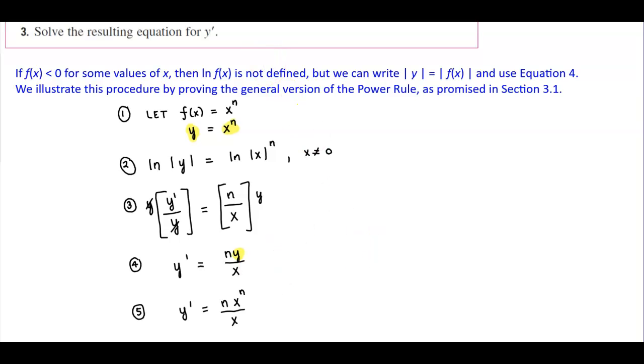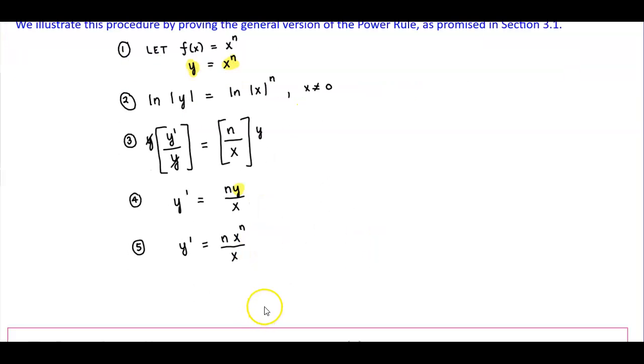Okay, and then the next step is to simplify the x's. When you divide the same base, you subtract your exponents. So this is n times x to the n minus 1. And therefore, there is our definition.